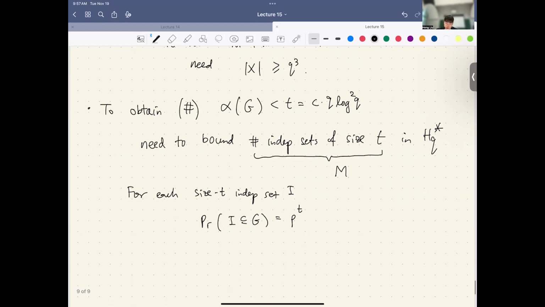So we want what? We want M times P to the T to be less than 1.